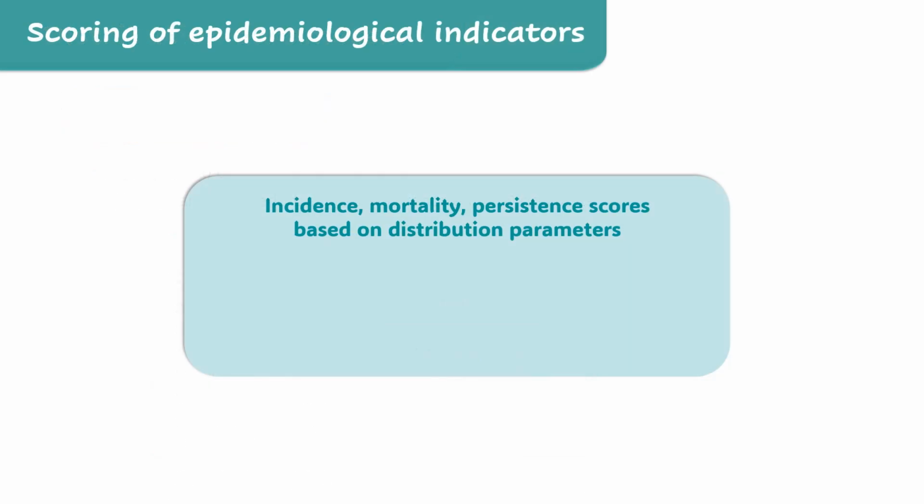The scoring scale of each epidemiological indicator is based on its median and 80th percentile. In geographic units where no cholera cases or deaths were reported over the analysis period, the score is 0. In geographic units where an epidemiological indicator is above 0 but below the median, the score is 1.